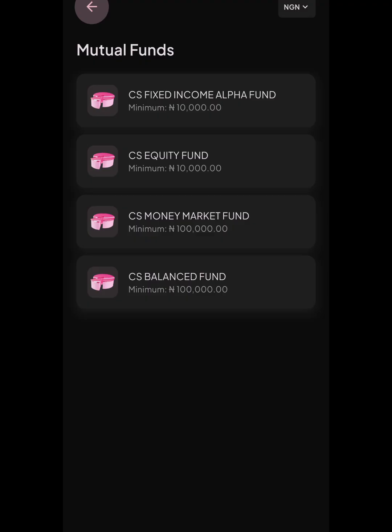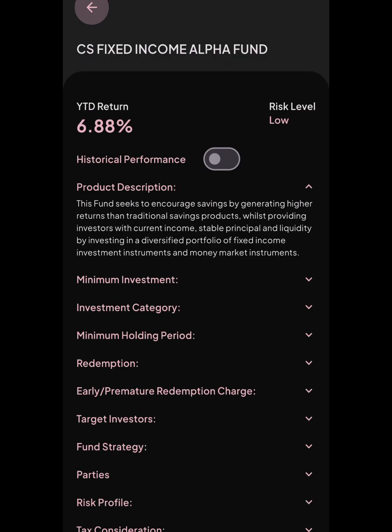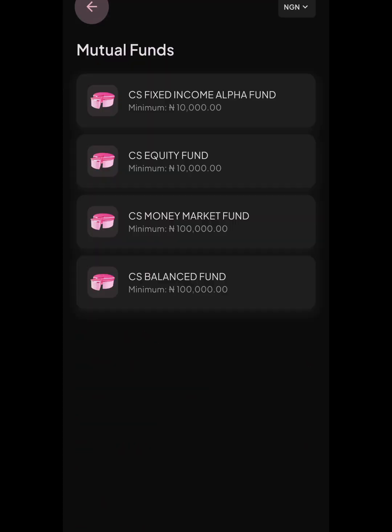As you can see, they have the CS Fixed Income Alpha Fund. If you click on it, you learn more about it and the historical performance. You see the CS Equity Fund, CS Money Market Fund, CS Balanced Portfolio. Now there are three types of mutual funds: the balanced one, the conservative one, and the risky one.